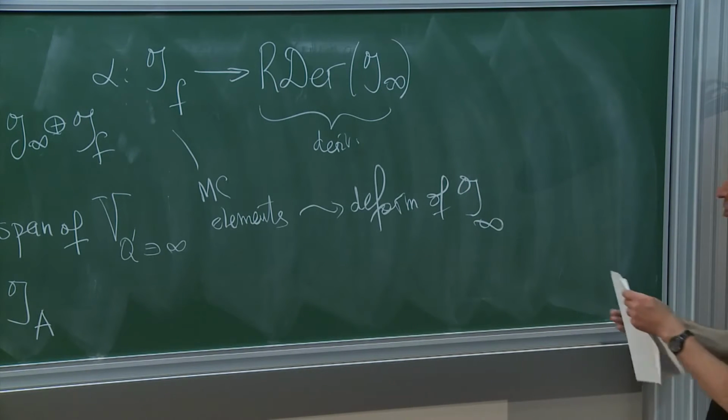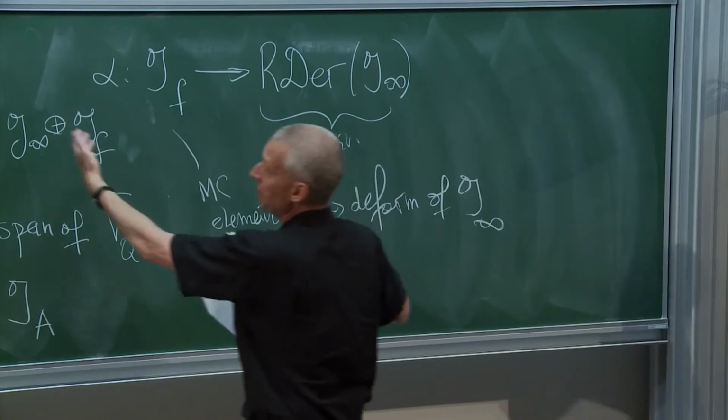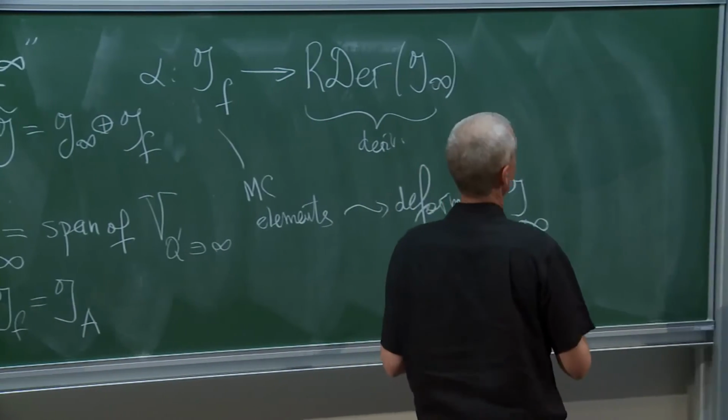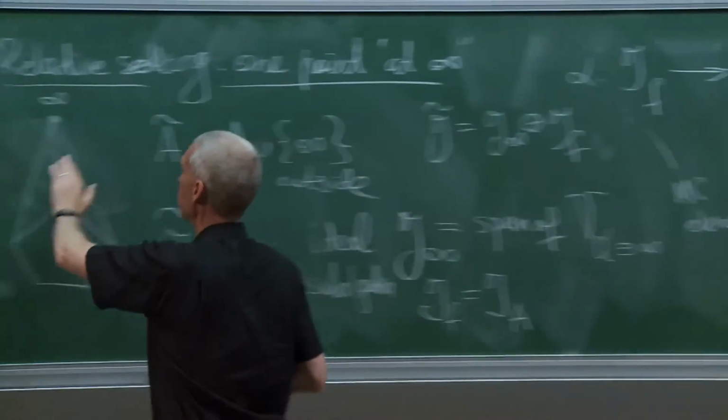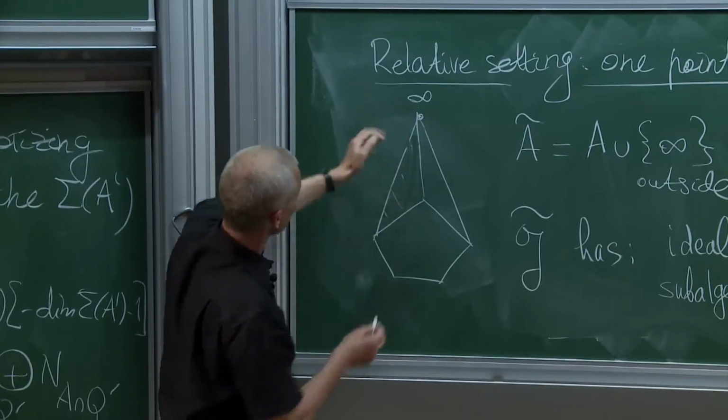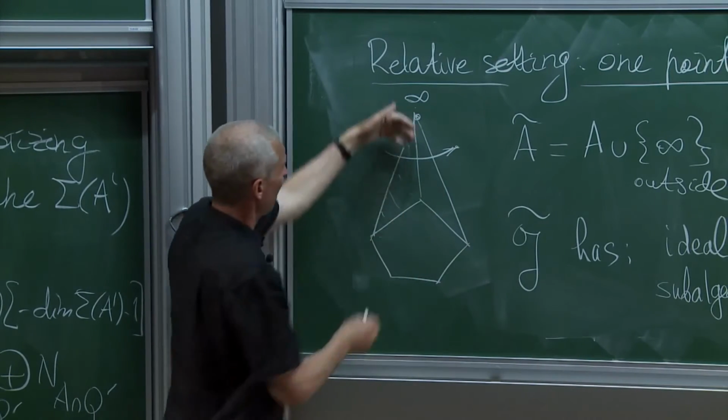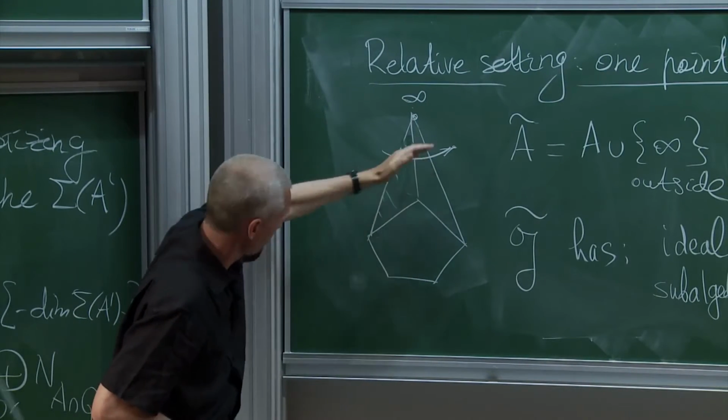This can be done in any number of dimensions. But in dimension 2, this infinite part is really near infinity. The situation has one dimension less, and everything is ordered.